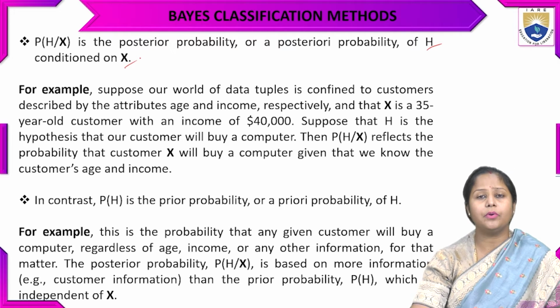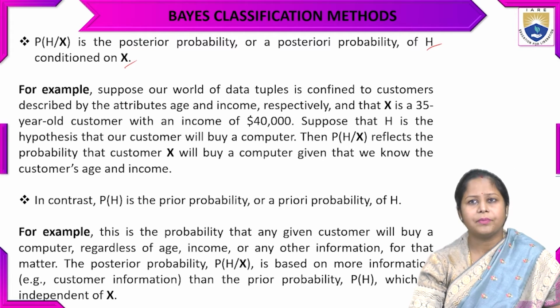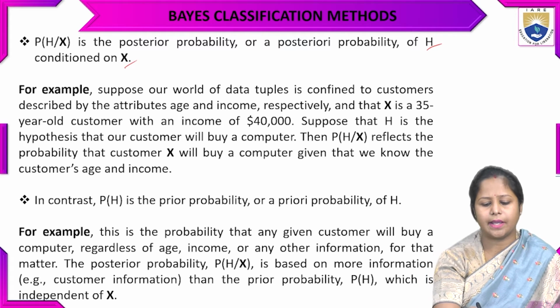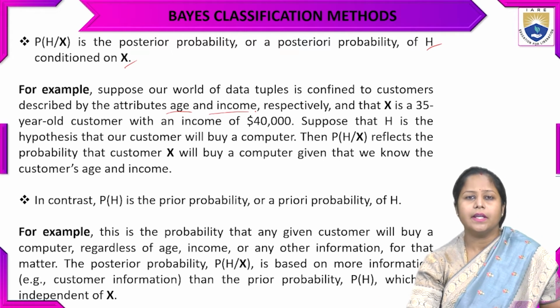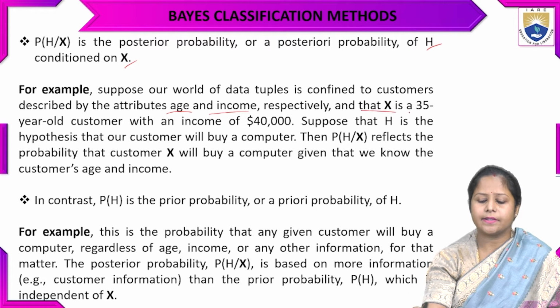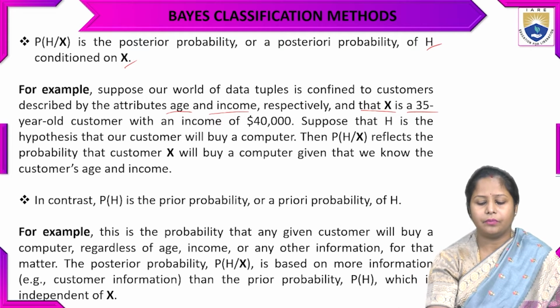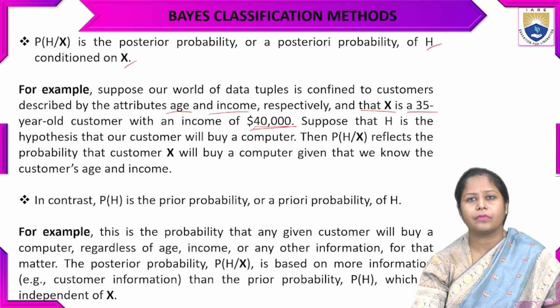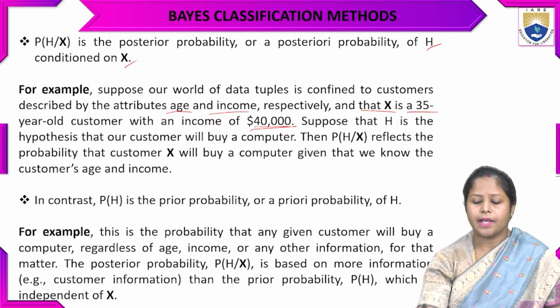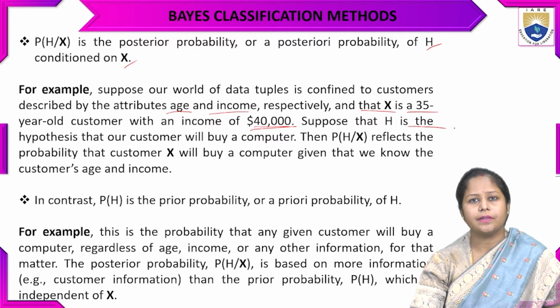For example, suppose our world of data tuples is confined to customers described by the attributes age and income, and that X is a 35-year-old customer with an income of $40,000. Suppose that H is the hypothesis that a customer will buy a computer.